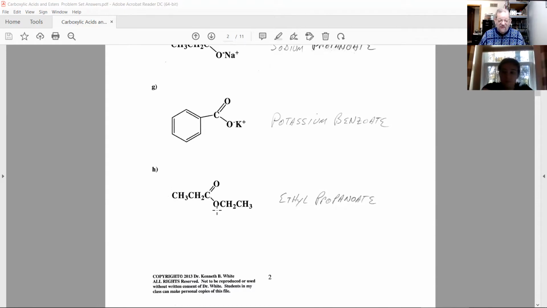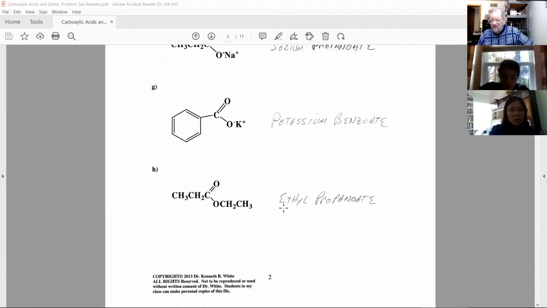Then the carbons on the oxygen here, you name as R prime, in front as the alkyl group it comes from. And hi, Tam, we're getting going on things. But anyways, I'm going through the carboxylic acid and ester problem set right now. All right, so this is an ethyl, and this would be ethyl propanoate.